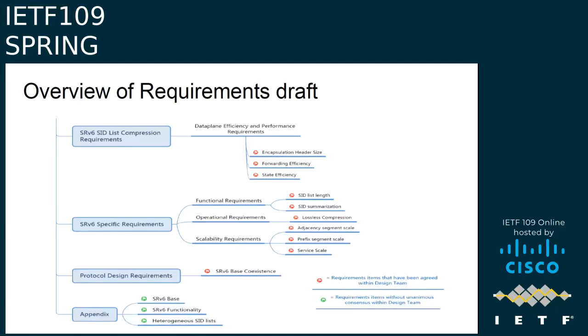The items with the red flag are those which we have agreed. The ones with the green flag are those without unanimous consensus within the design team. Next page.